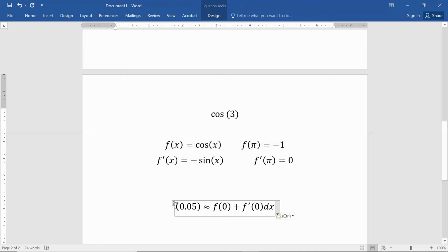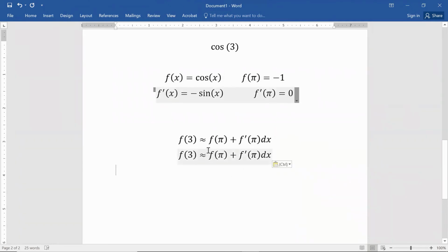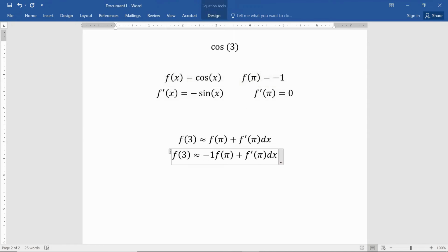So cosine of 3 would be like inputting f of 3. It'd be like plugging in pi and then f prime of pi times the change in x. If we plug in pi into the function, cosine of pi gives -1 plus f prime of pi, that's negative sine of pi, that's 0, times the change in x.